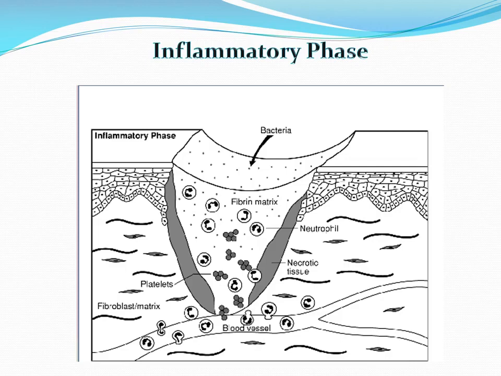How can that occur? By the conversion of fibrinogen, which is present in the blood, into fibrin matrix, which is a jelly-like material that's going to fill the gap inside the skin in order to eliminate any dead tissue, any dead spaces there.